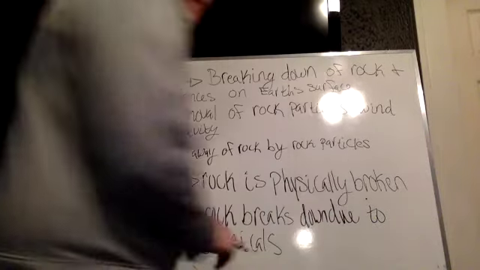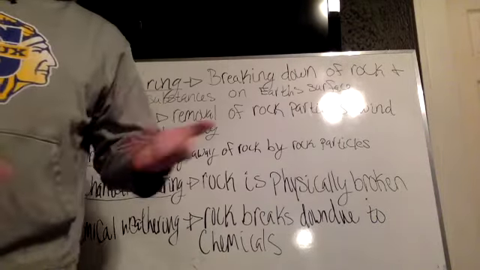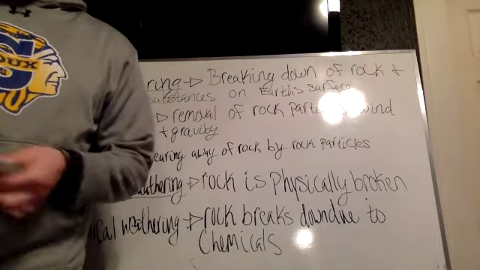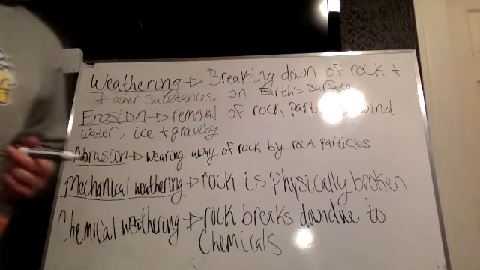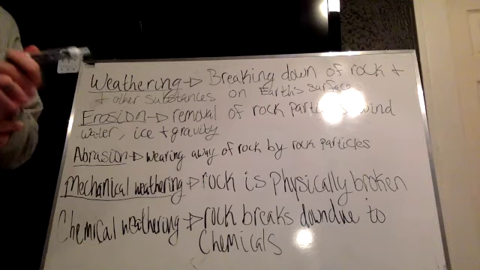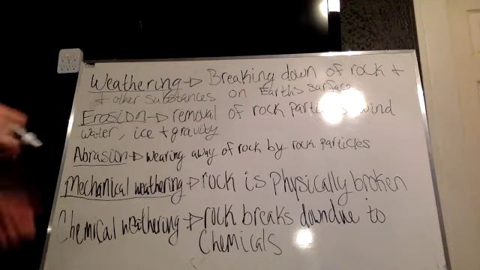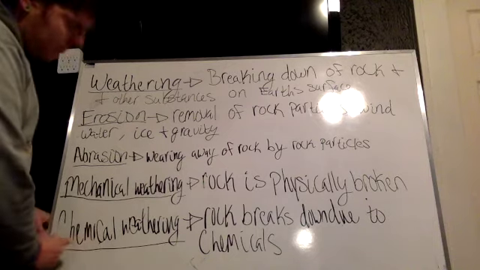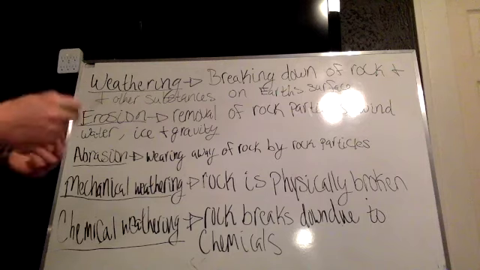And we're talking about things such as water, oxygen, carbon dioxide. Carbon dioxide is the stuff you breathe out. Living organisms, depending, acid rain. Those are all good examples of how chemical weathering can do this, okay?